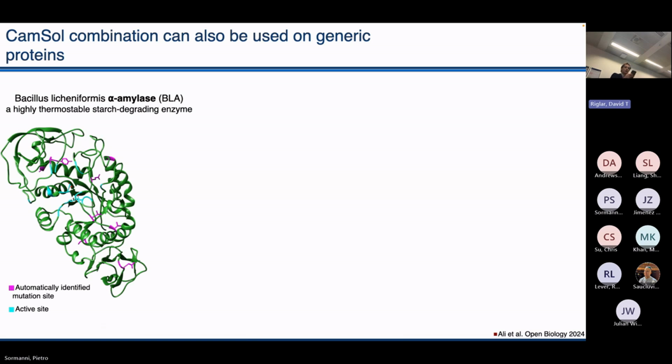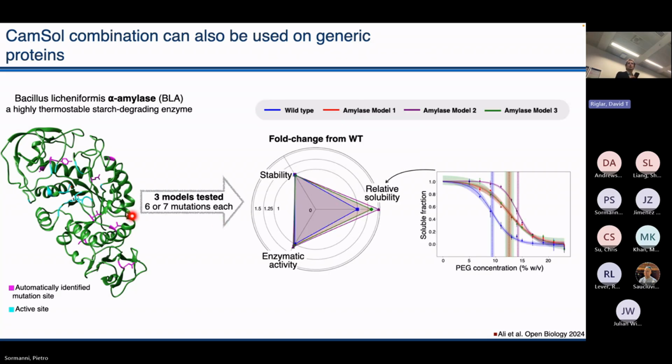And this slide is just showing that we are very excited about antibodies, but a lot of our tools work with proteins more generally. So this is an alpha amylase enzyme. It's an enzyme of high industrial relevance. This particular one is from a thermophilic organism, so it's incredibly thermostable. And what we did with our method, we tested 3 models, each comprising 6 or 7 mutations.